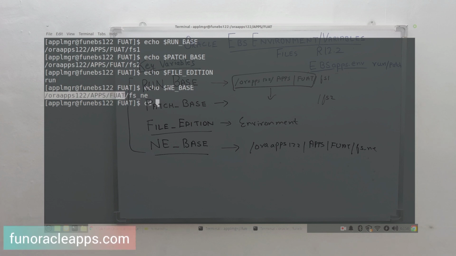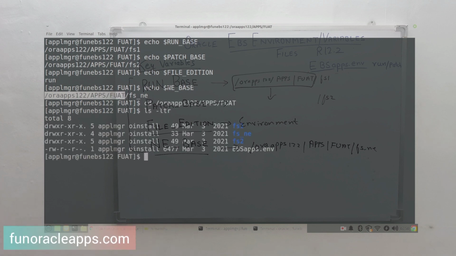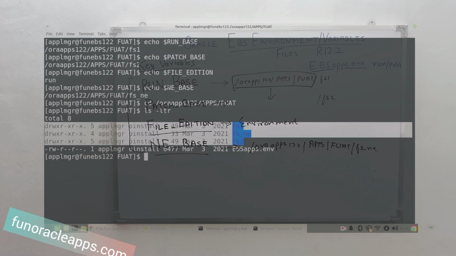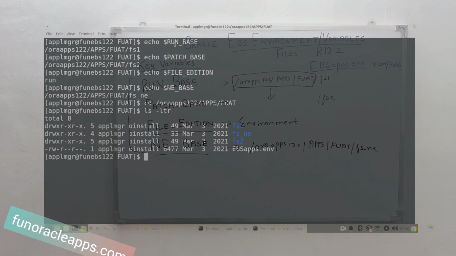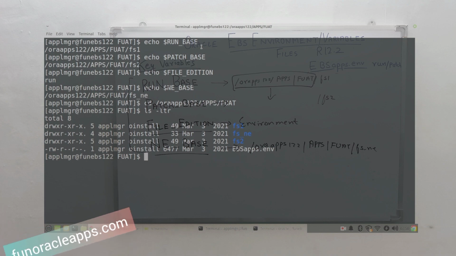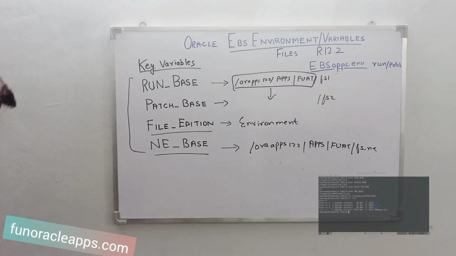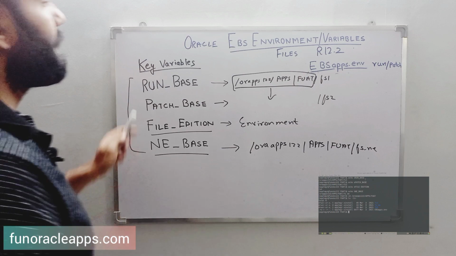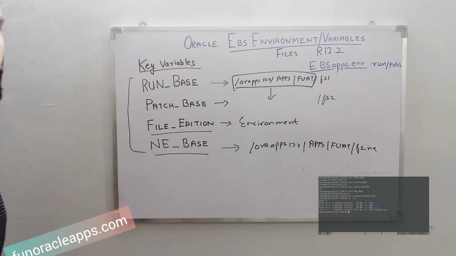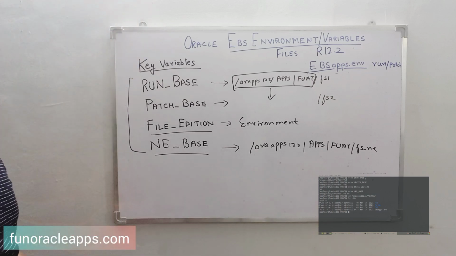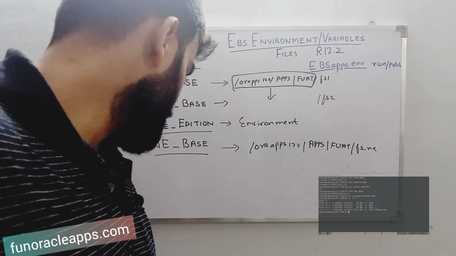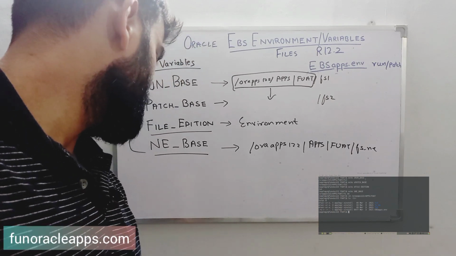So see this, if you go to the base location where the installation is, three of the locations we are pointing to these locations only. So you can use these variables to easily navigate to those particular locations. Or if you are doing any type of automation, then also these variables might be useful to easily run and call certain scripts that are available. Okay, I hope that is clear.